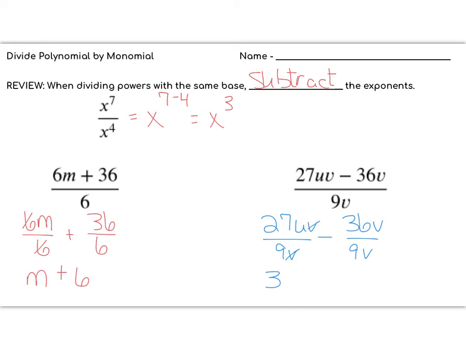My v's cancel, they simplify and become 1, and I'm left with 3u. Minus 36 divided by 9 is 4. My v's cancel, or they simplify and become 1, and my final answer is 3u minus 4. So 27uv minus 36v divided by 9v equals 3u minus 4.